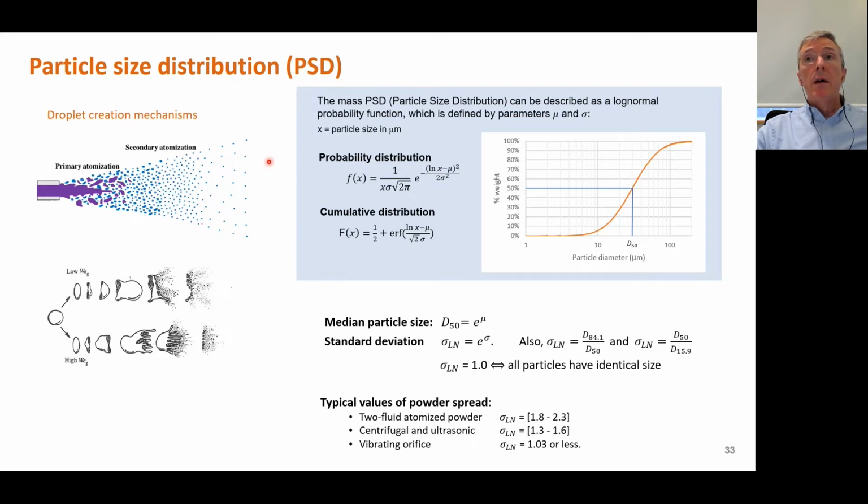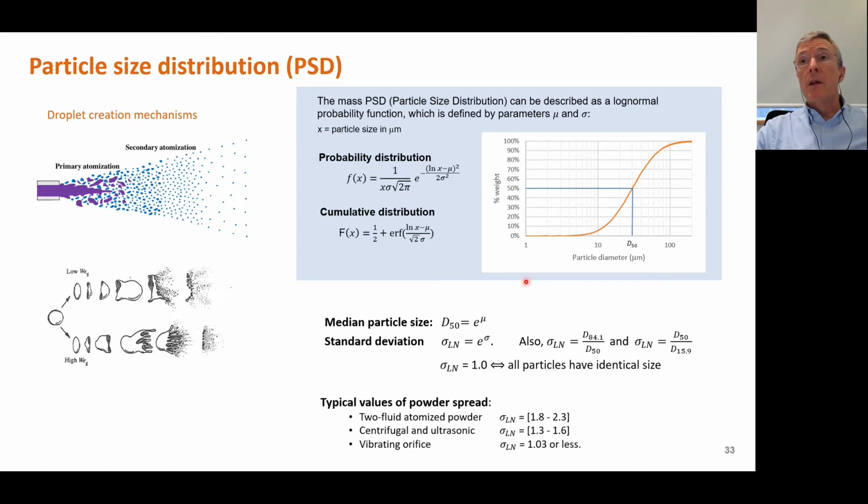In the end, the powder you collect in the chamber can be described as a log-normal probability function, which takes this mathematical formula where x is the particle size.